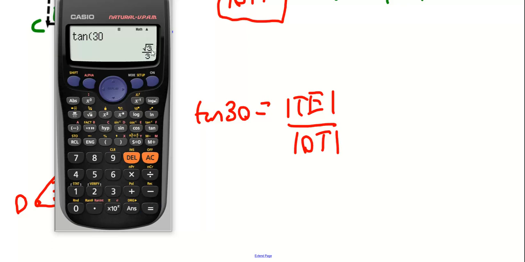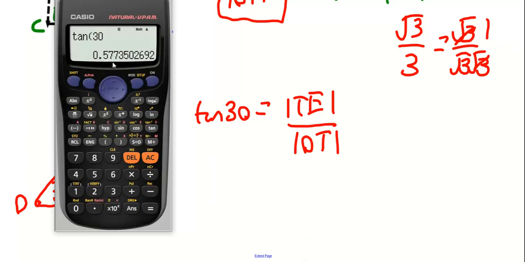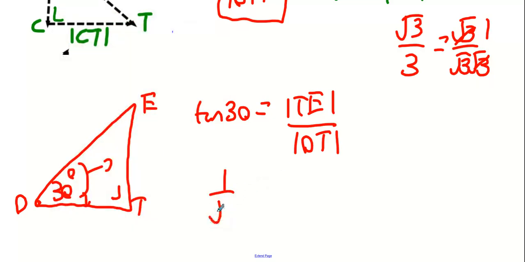It's root 3 over 3, which is 0.577, and root 3 over 3 is actually exactly the same as 1 over root 3, because root 3 is the same as root 3 multiplied by root 3, cancel the root 3s, and it's 1 over root 3. So if you look at the decimals, 0.577, 1 over root 3 is actually the same thing. And if you look up your tables on page 14, it will also show you that. Okay, so I'm going to put that down as 1 over root 3, and that equals TE over DT.